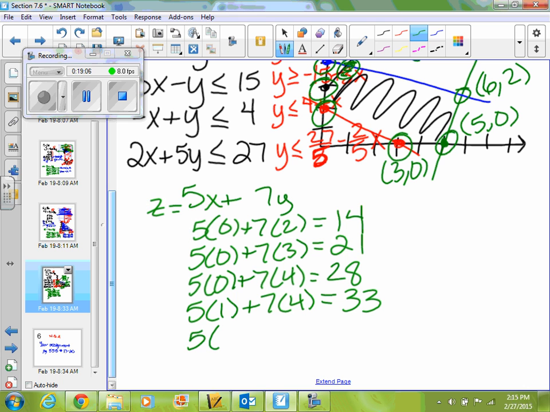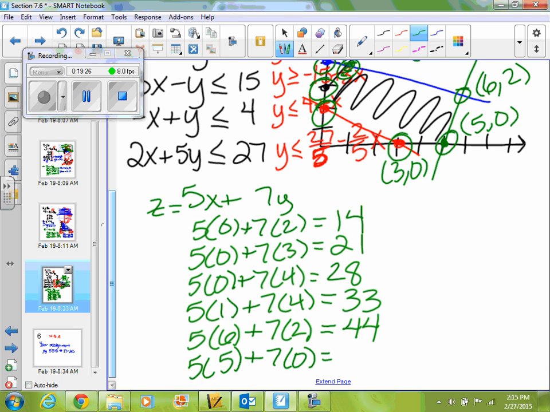Next one is 6, 2, 5 times 6 plus 7 times 2, which gives me 44. 5, 0, which gives me 5 times 5 plus 7 times 0, which gives me 25.